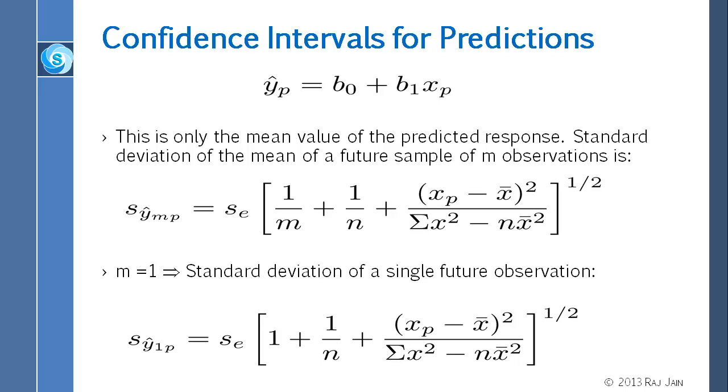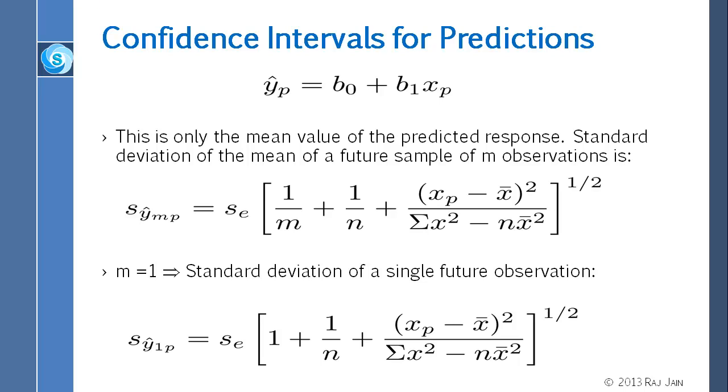So basically, if you are predicting the mean of m observations, then the formula for the standard deviation of error has 1 upon m plus 1 upon n. M is the future observations, n is the current sample size, and then basically the prediction related to xp. Okay? If you are just going to predict one observation, then this formula becomes 1 upon 1, which is 1.